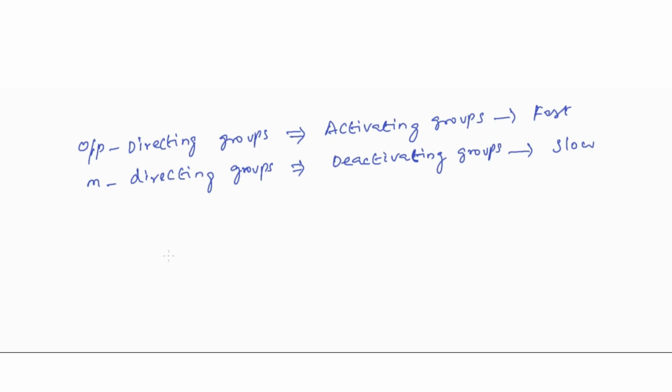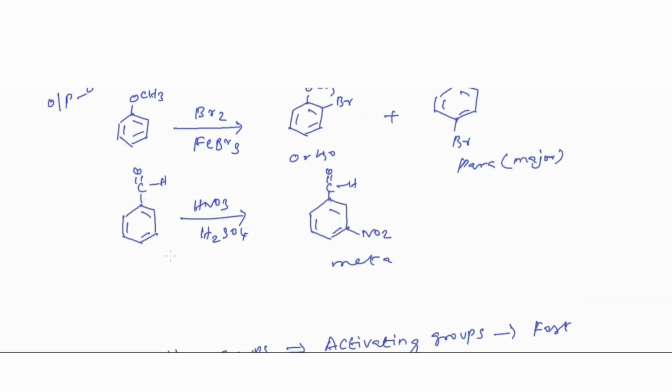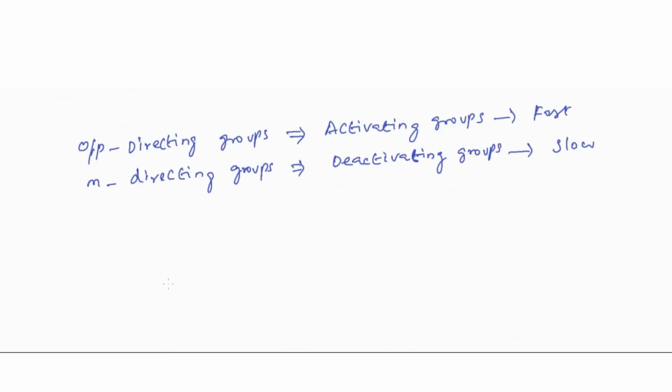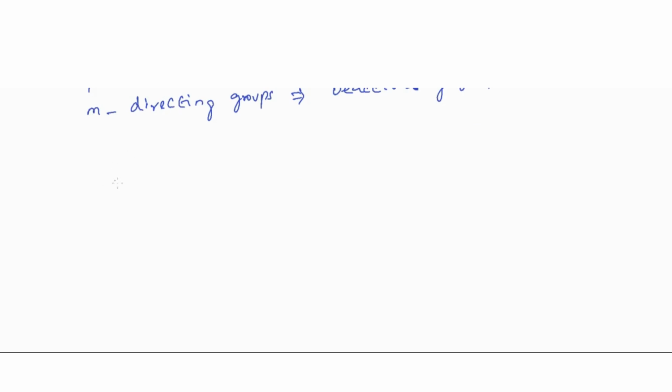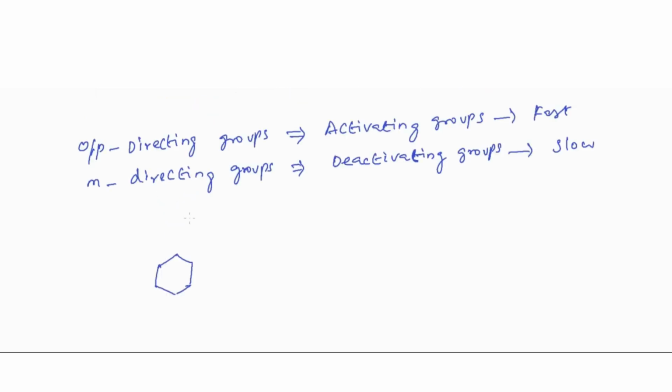Let me take this one. Now CH3: CH3 is an ortho para director and this is an activating group.